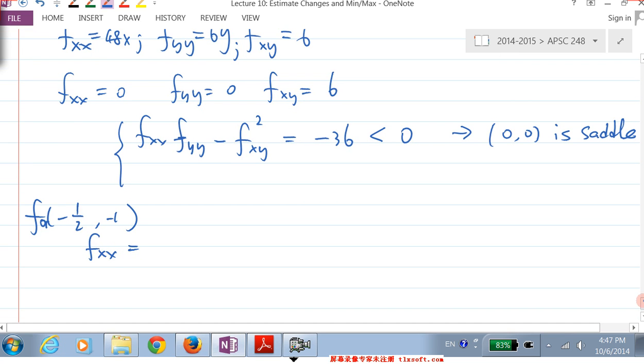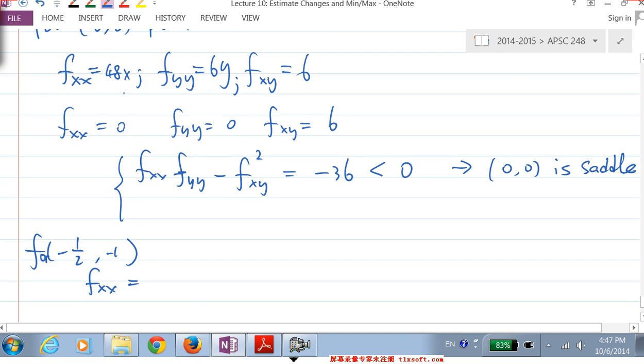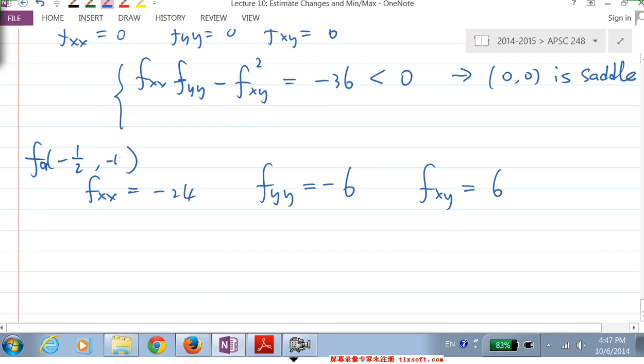fxx equal to 48x times this, so negative 24. fyy is 6y, so negative 6. fxy is 6. And what's the value of the expression? 108, so greater than 0.